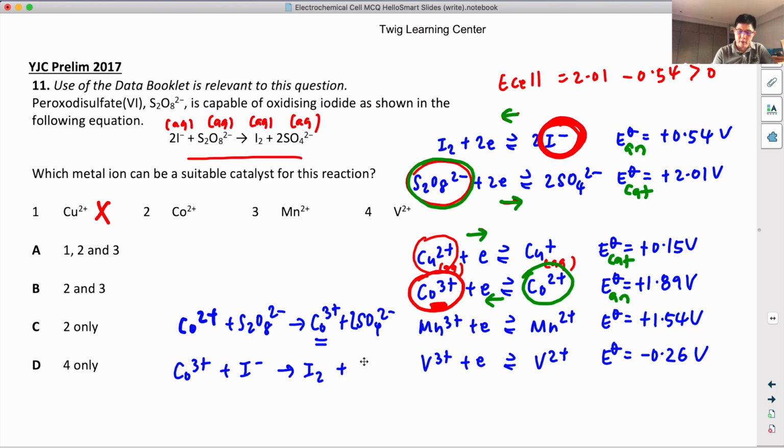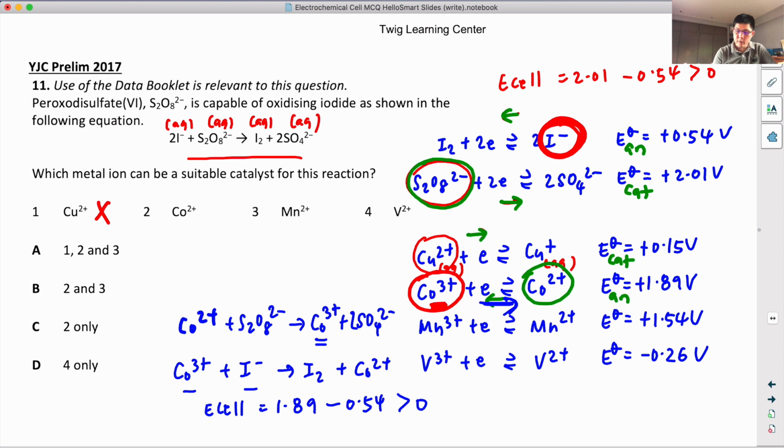All right, and the cobalt 3 plus will go back to cobalt 2 plus. And then the cycle repeats itself. So when cobalt 3 plus meets I minus, what's the E cell? You calculate E cell. This one will undergo reduction. So it's 1.89, the E cathode, minus 0.54. So this is positive.